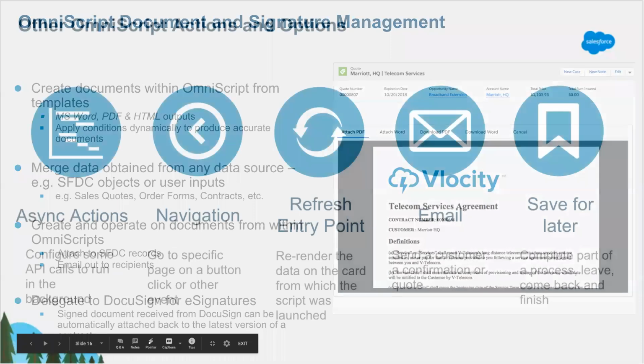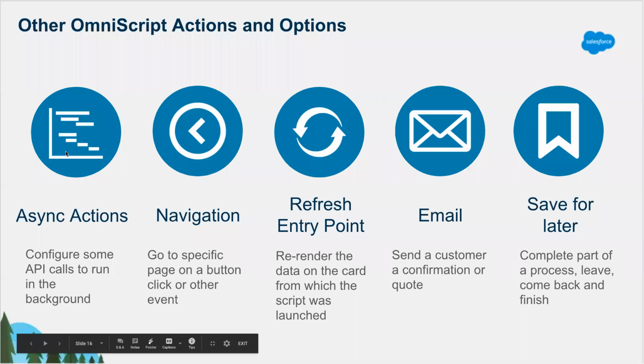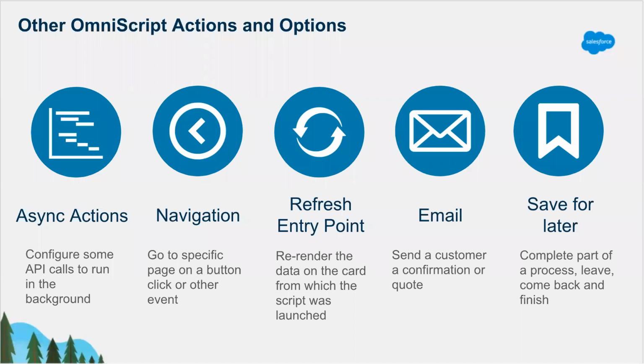A few other key characteristics of OmniScripts is that they support asynchronous actions. Actually, there's a really cool feature that we've added about a year ago that's called the action block. From a drag and drop standpoint, you drag and drop sort of a container into your OmniScript, and then you can drag other actions inside of it.